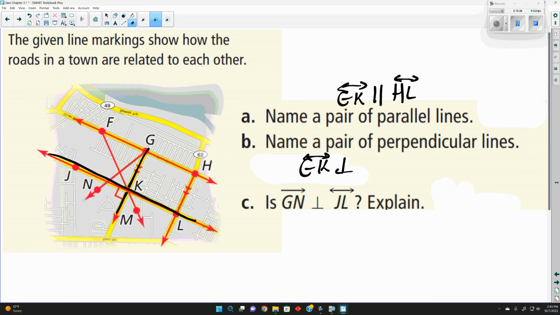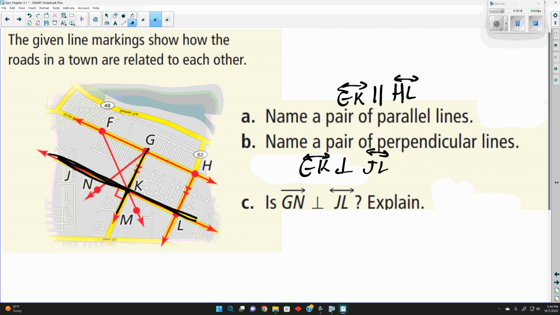So what would we name that? We can say JL or LJ. Where do they intersect? K, so we could say JK or KJ or KL or LK, because any two points on the line work. We just need two of them. Questions on this here? Questions on any of this so far?